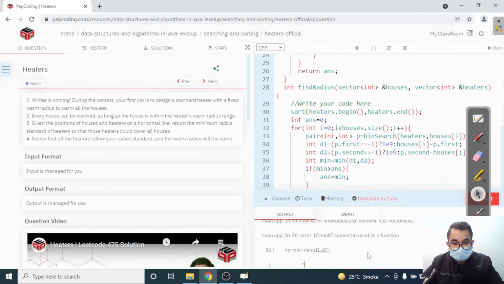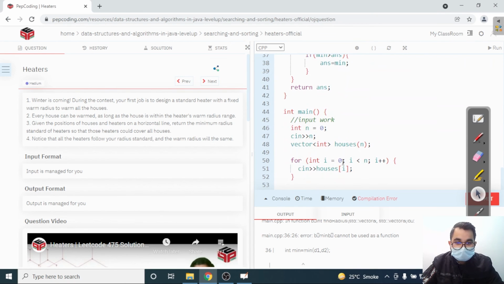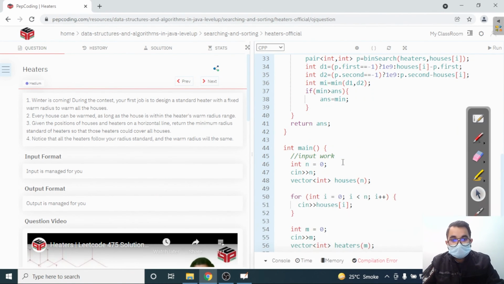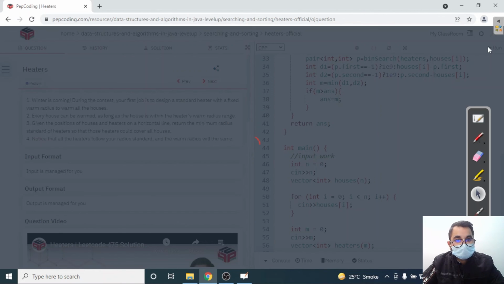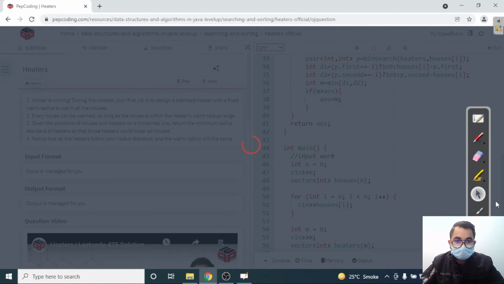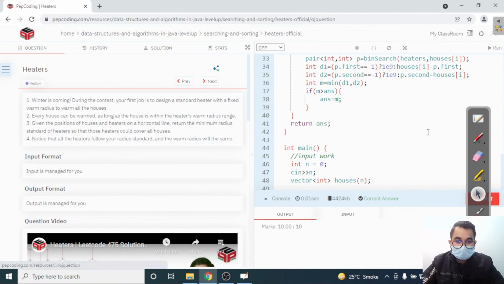Still some mistake. I have made a lot of mistakes. Let's name it as M, because min is used as a function, and now it is accepted for the sample test case. Let's submit it. Alright, so we got 10 out of 10, which means our code is correct.